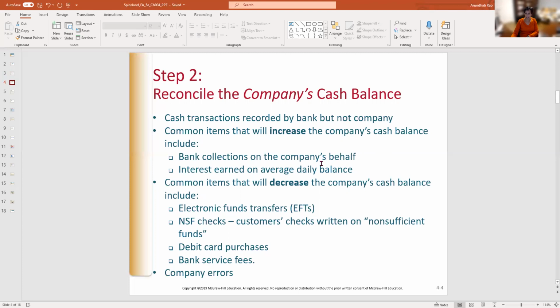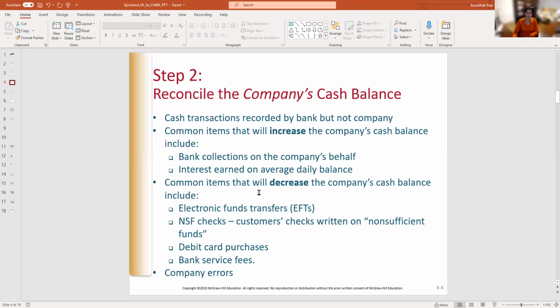So for companies, a similar situation is, take for instance, a landlord, whose rent that's paid is already deposited in the company's bank account because the money is paid directly to the bank. Any interest that is earned, the bank has already credited your account, added to your account. You've not yet done it. You see it later on, whatever the amount is, and you add it to your account.